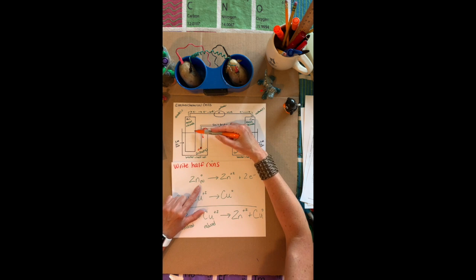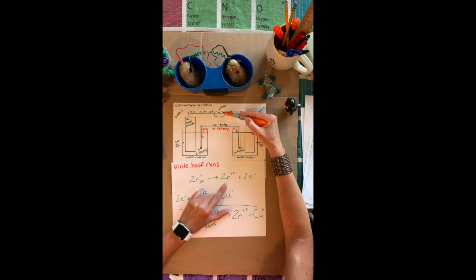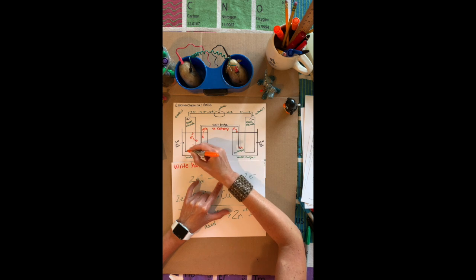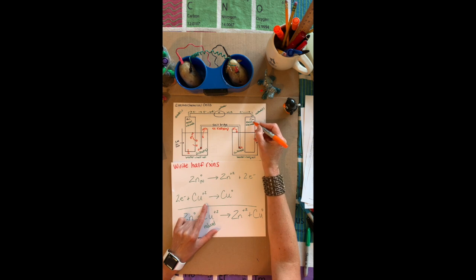because as this solid zinc loses its electrons, the zinc ions go into solution here, and that keeps happening as oxidation occurs. As the copper receives these electrons, the electrons travel down here.